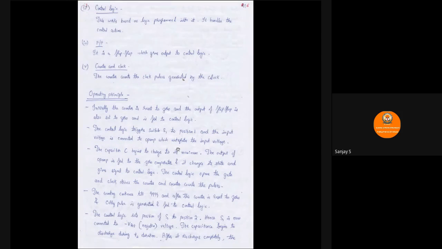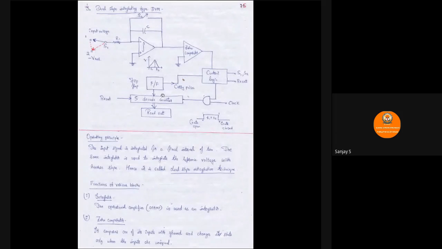And this counting continues until 9999, and after this particular value, counter will be reset to 0, and a carry pulse will be generated and fed to the control logic. At this point of time, once the counter reaches its maximum value 9999, a carry pulse will be generated, which will be fed to the control logic and puts S1 to position number 2.